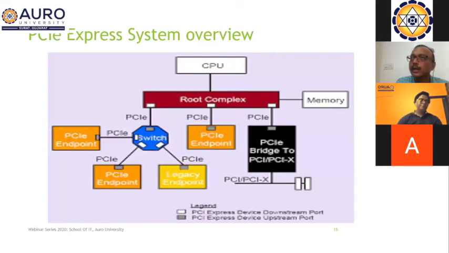If you are on a Linux system, you can check the PCI device tree using lspci, ls for listing and PCI for PCIe devices. The PCI transport is very fast. It has latency of nanoseconds.